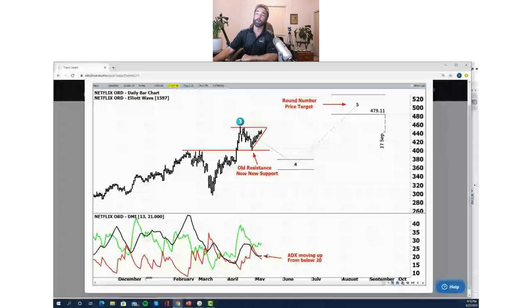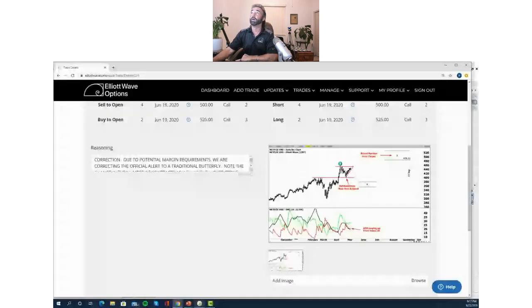It hadn't quite broken above 20 yet. It looked like it was going to, but it hadn't gotten there yet. And then you have the separation forming from the two directional indicators. So it looked like an upward trend was forming. In other words, it looked like this move of the higher lows was getting stronger, and the likelihood was we were going to break to the upside and move higher from here.